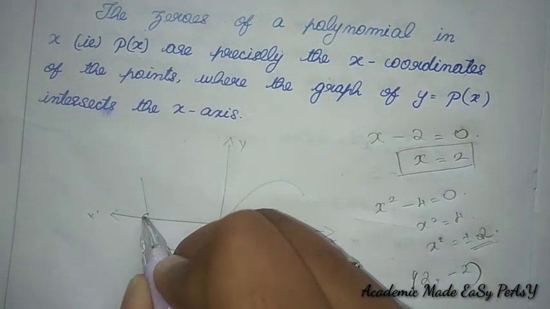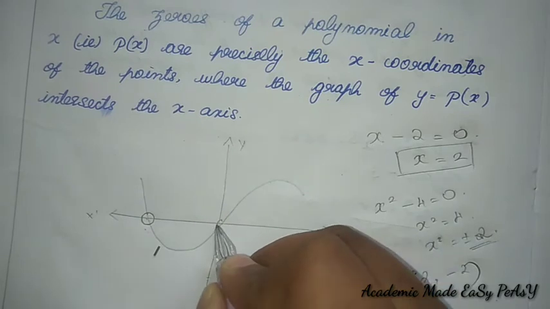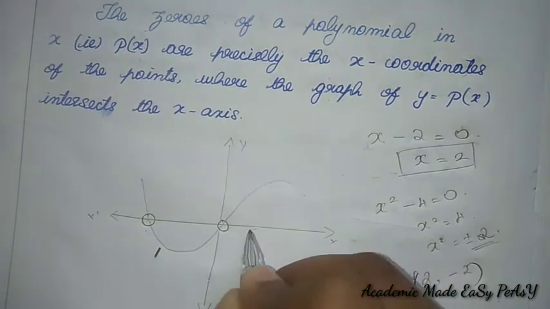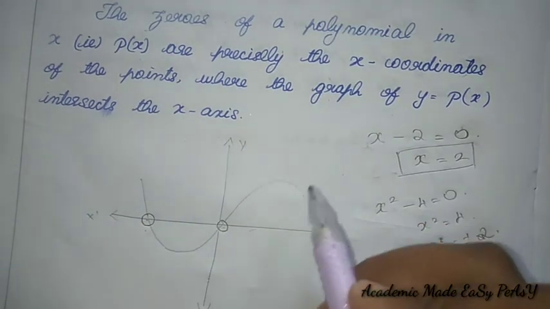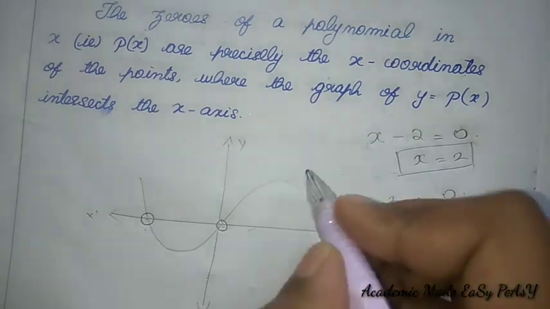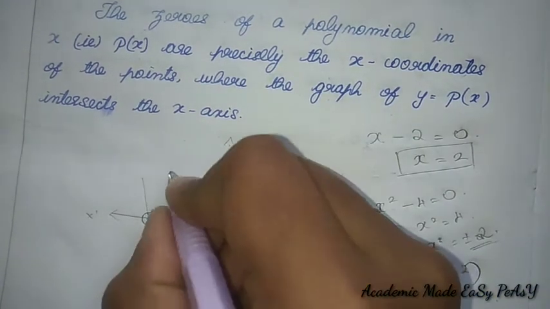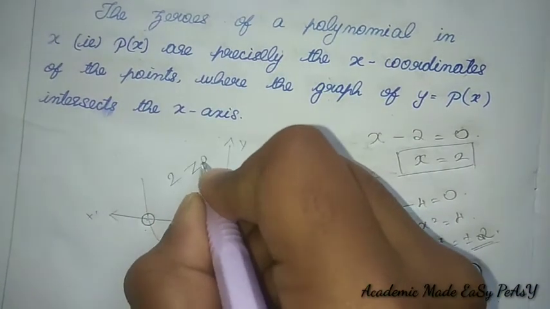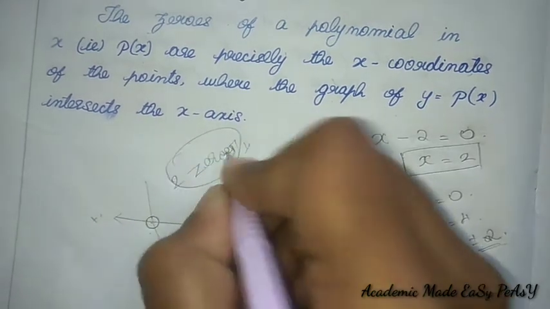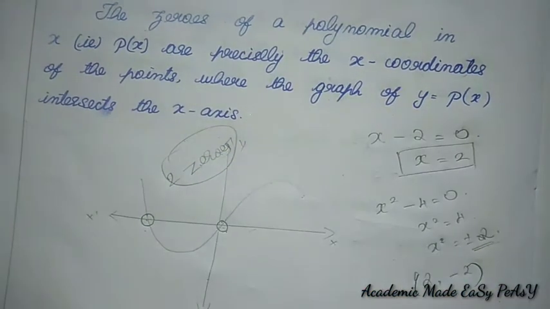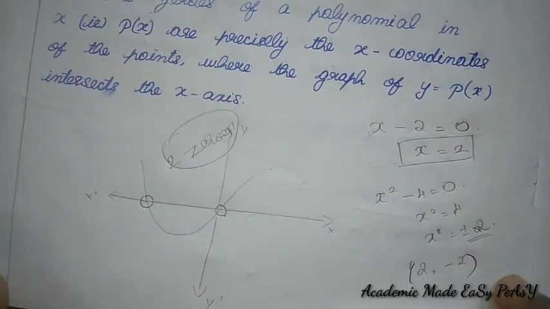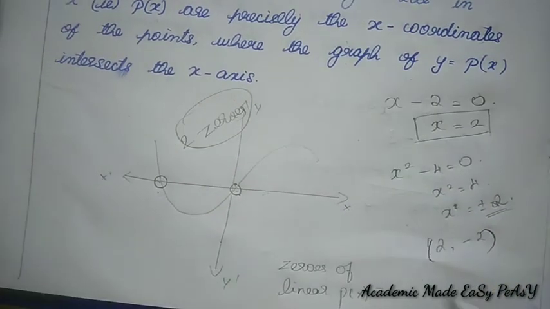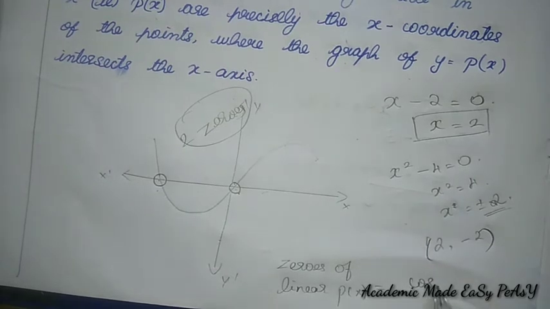Here it is meeting, isn't it? Next, over here, only 2 places it is meeting. So this polynomial, we don't know what it is, I just gave you a graph for example. In this graph we have 2 zeros of the polynomial.